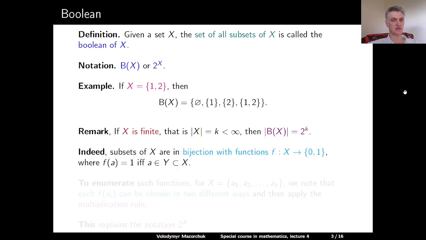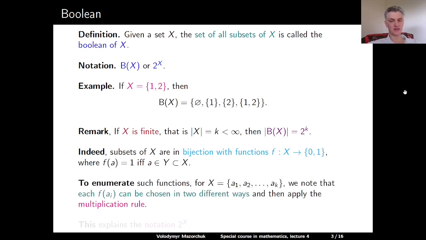Indeed, subsets of X are in a natural bijection with functions from X to the set with two elements 0 and 1, where, given a subset Y of X, the corresponding function f takes value 1 exactly at the elements of Y. To enumerate such functions, if we have a set with k elements, we know that the value of f at each element can be chosen in two different ways, and then we apply the multiplication rule of combinatorics.